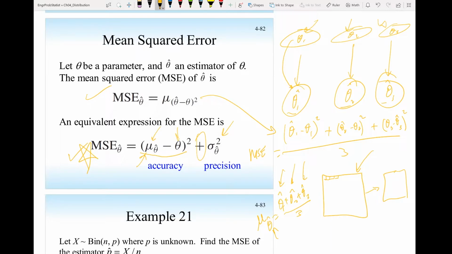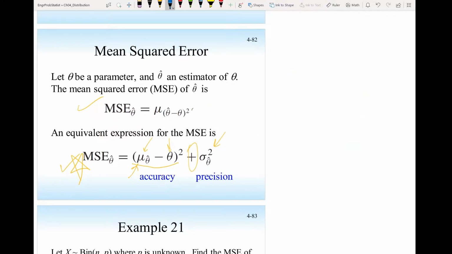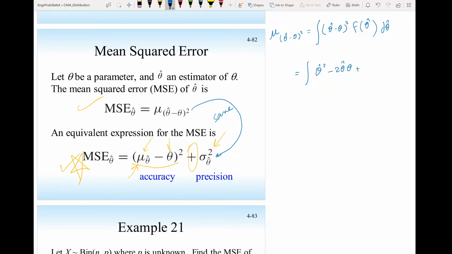And to prove that both of them are the same is very simple. We can prove it. Let's erase this. Okay, so we are trying to prove these are the same. So we will do the following. Mu theta hat minus theta square equals the integral of theta hat minus theta square, the density function f theta hat d theta hat. Now, this is the same as theta hat square minus 2 theta hat theta plus theta square, f theta hat d theta hat.